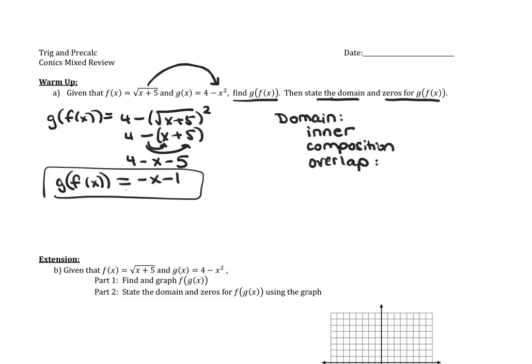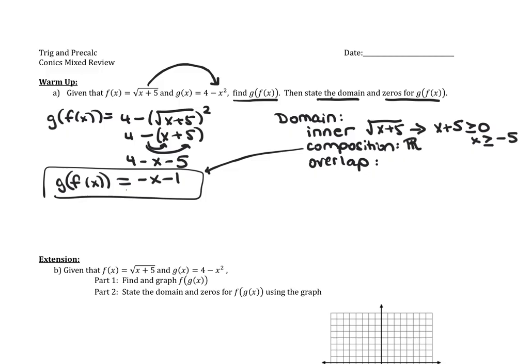So our inner function is the f of x, which is the square root of x plus 5. So remember, for a domain of a square root function, you take what's underneath the square root and set it greater than or equal to 0. That, of course, when you solve, will be x is greater than or equal to negative 5. The domain of our composition, that's a linear function or a line, that would always be all real numbers.